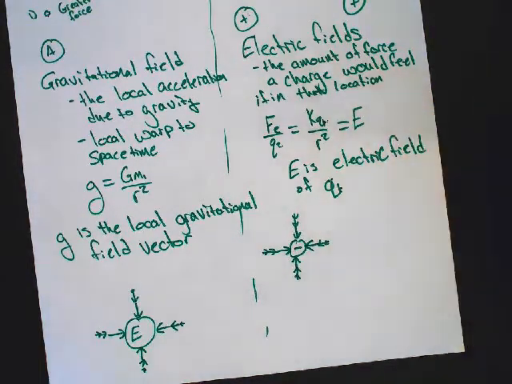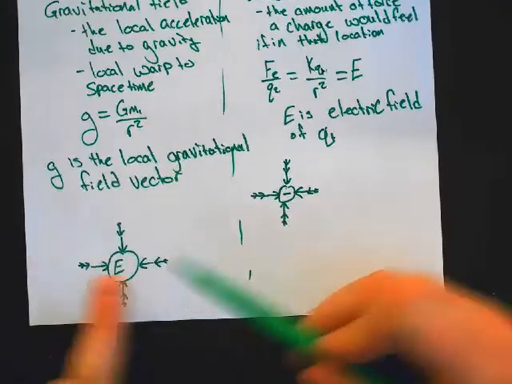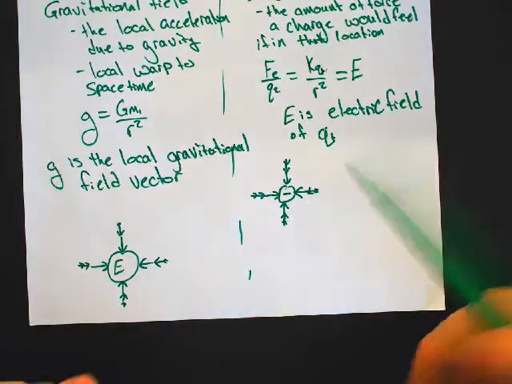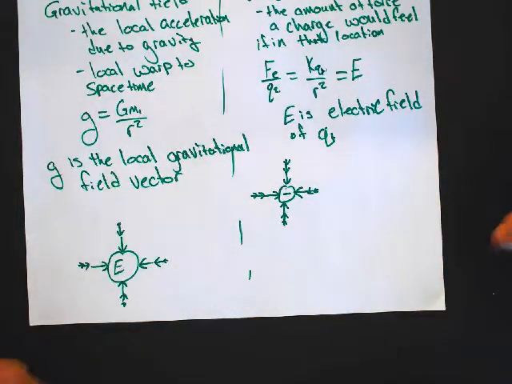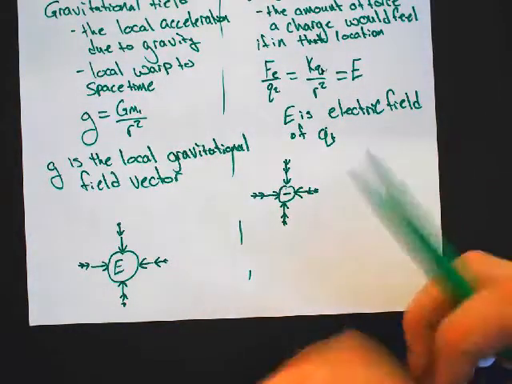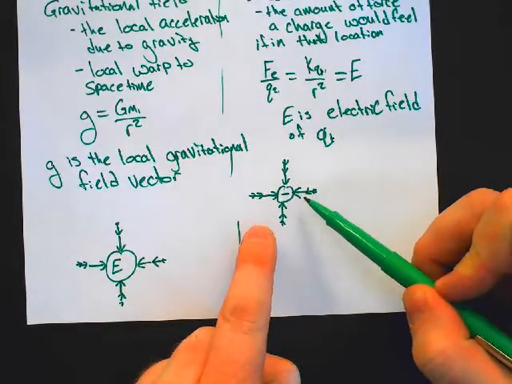When we're looking at gravitational field vectors versus electric field vectors, both represent the strength of a field in a certain location. Both show us the amount of force an object would feel depending upon its mass or its electric charge.